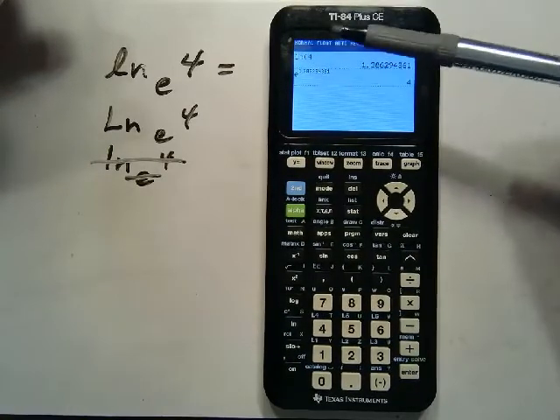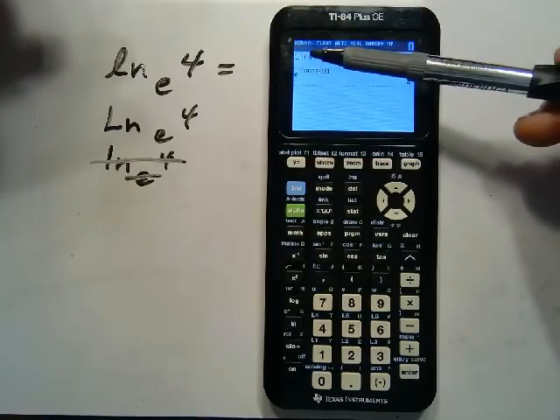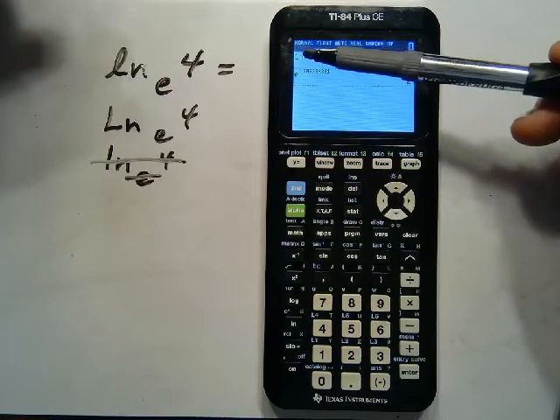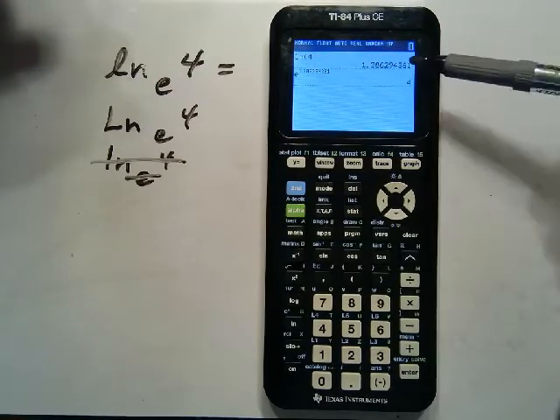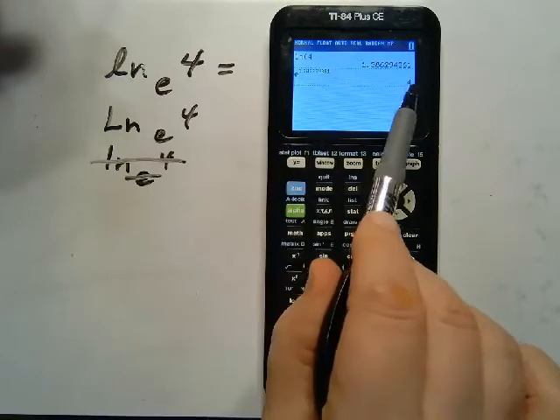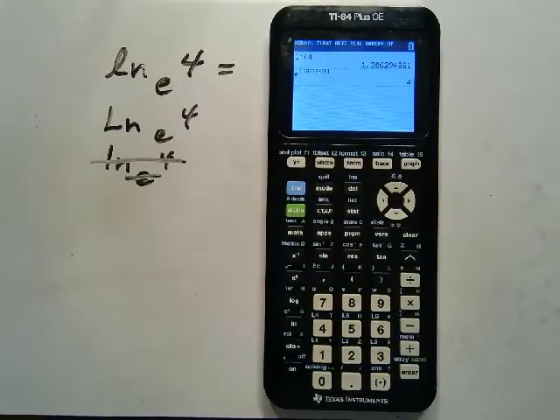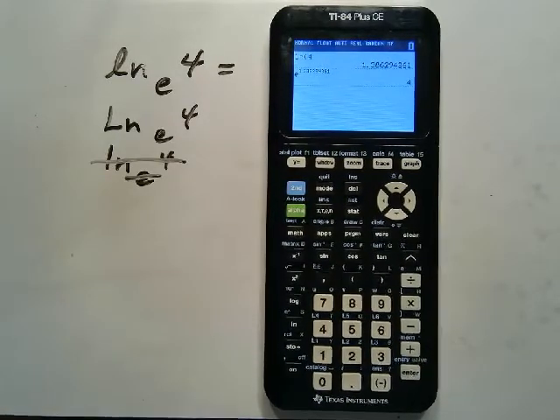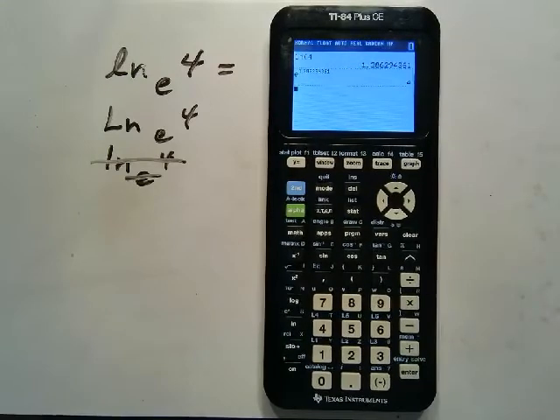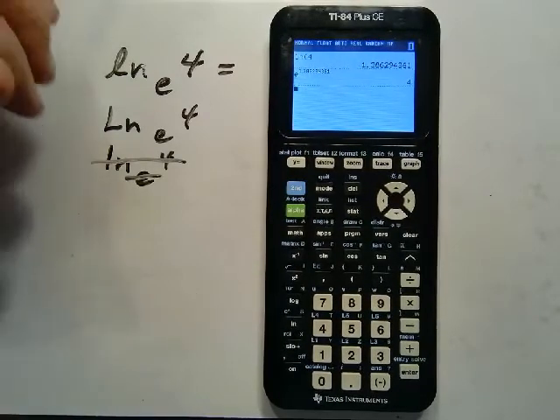So once again, what it's asking is, what is the exponent on E that will give me 4? And there's the exponent. If I take E and raise it to that power, I should get 4. I'm a little surprised that it gave me an exact answer here, because this is probably a rounded number in my calculator that I just typed in. It must have rounded it off for us a little bit.